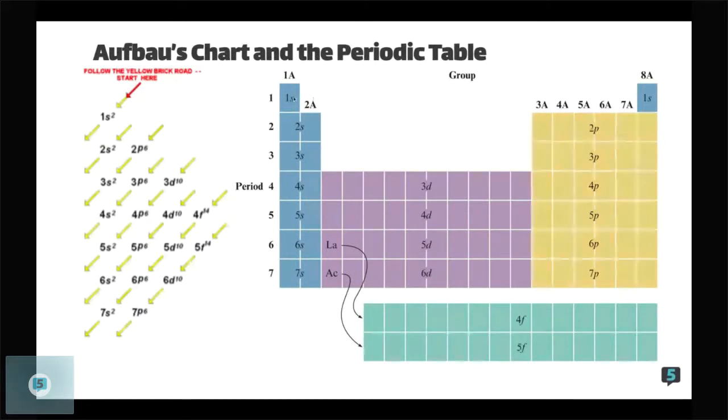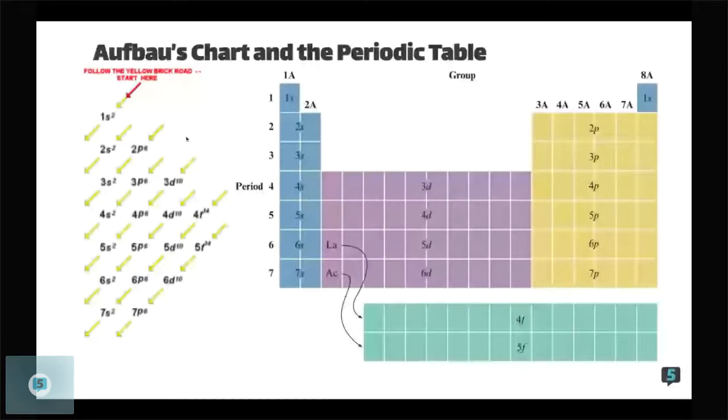So if you remember, using the periodic table, we just follow the order of the elements, right? And we go 1s2, 2s2, and we follow along. I'm showing here with the mouse. 2p6, and it's the same order as in our Aufbau chart, the order of energy.